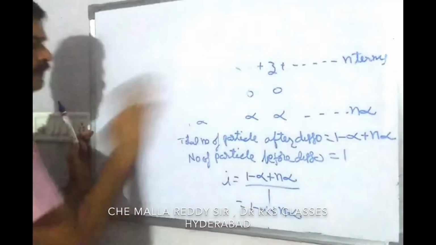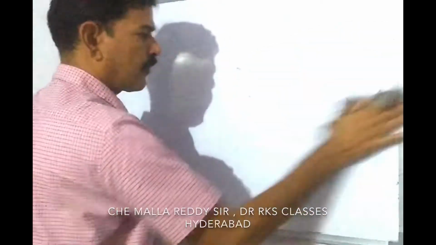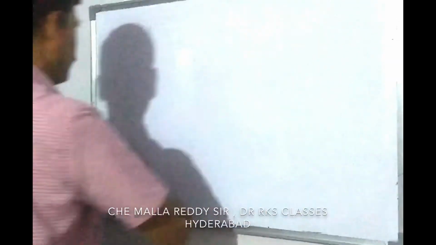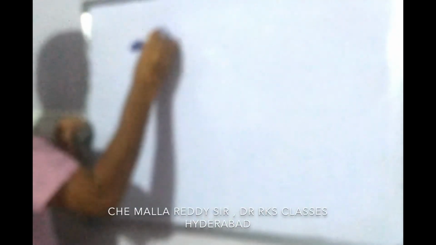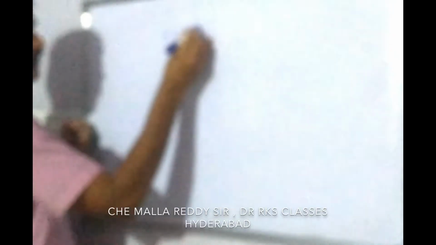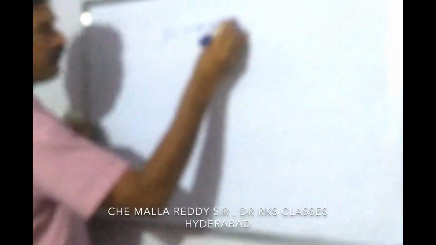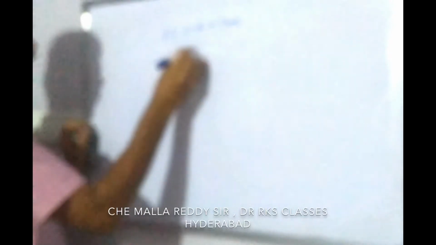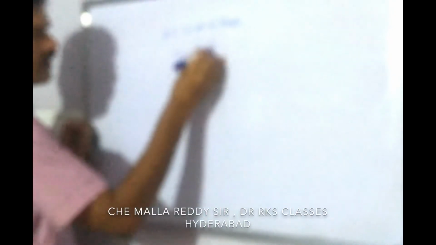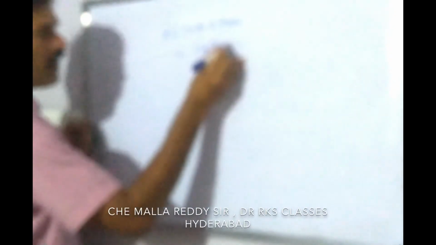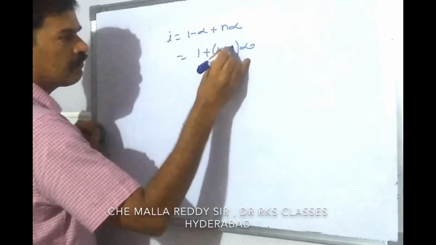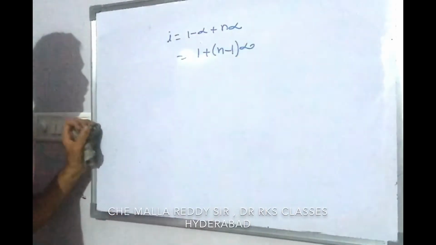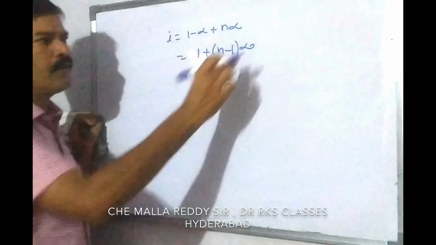Just observe here. Now i is equal to 1 minus alpha plus n alpha. From this you are getting 1 plus n minus 1 into alpha. Alpha is common here.